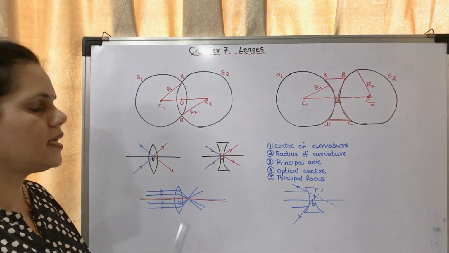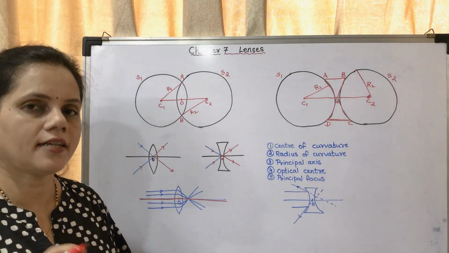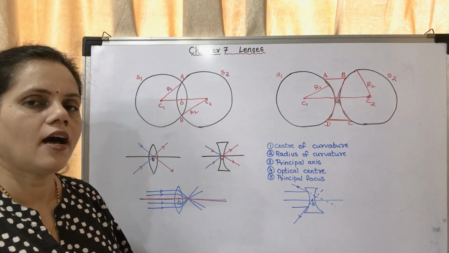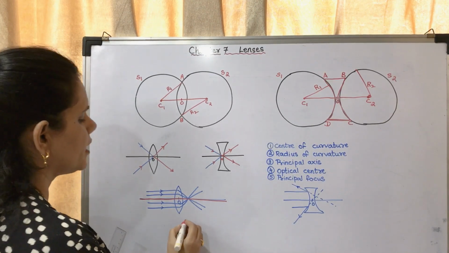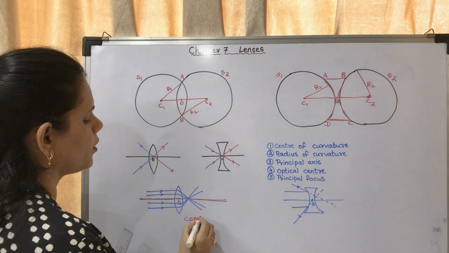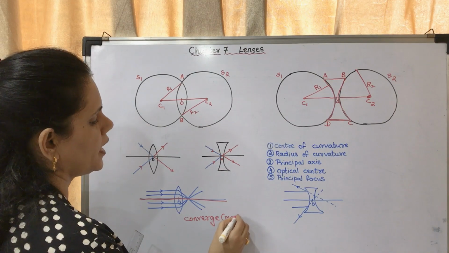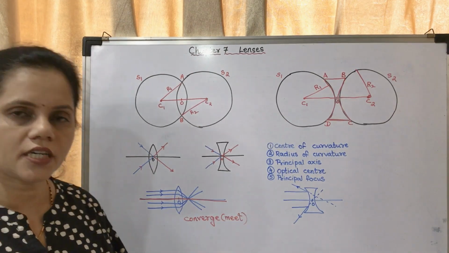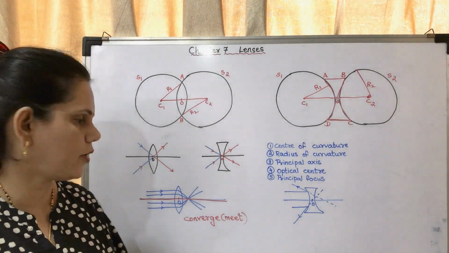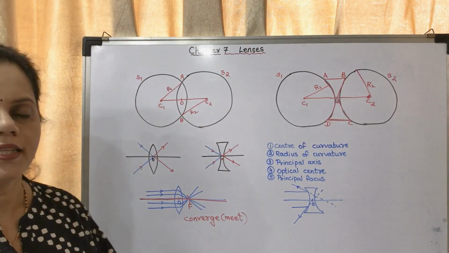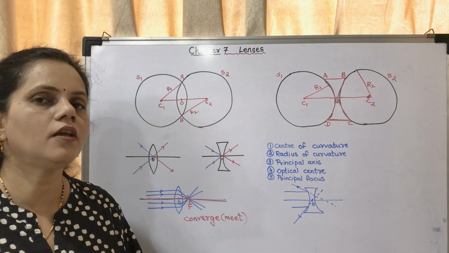The blue colored lines are the incident rays which are falling on the lens. Those rays, after refraction, converge to a point. Converge means meet at a point. That point on the principal axis is called the principal focus.